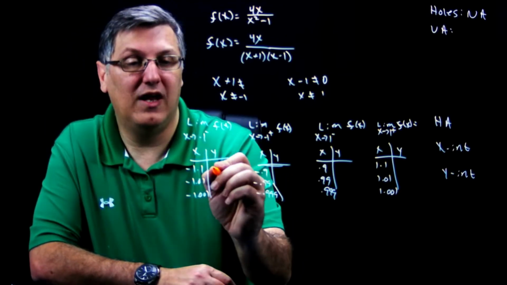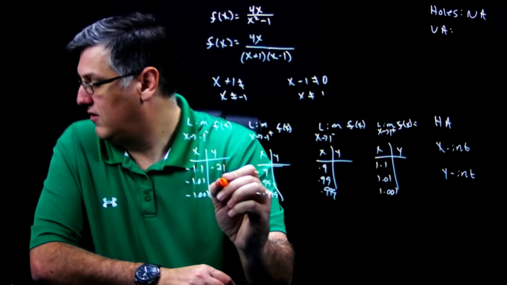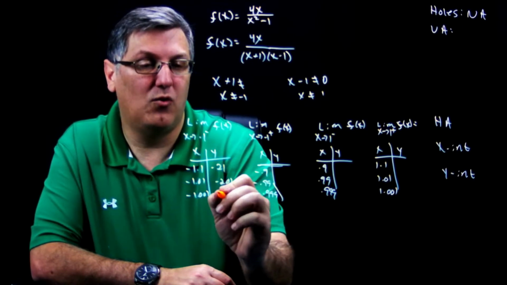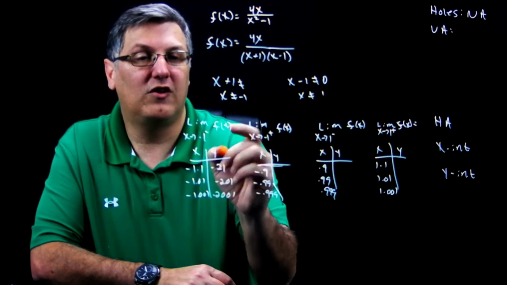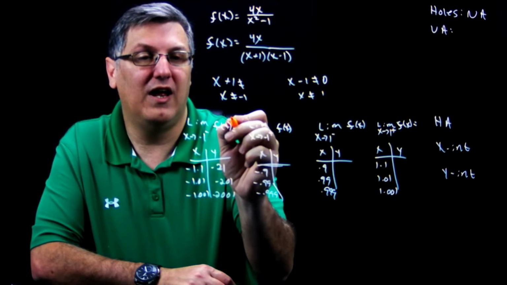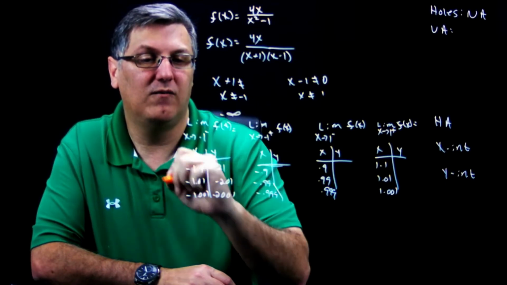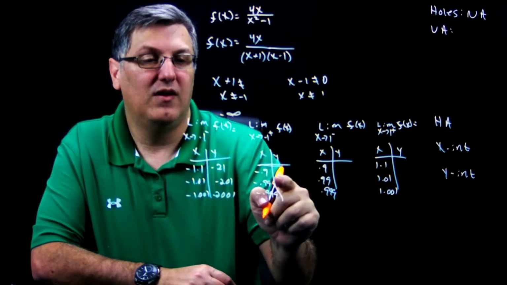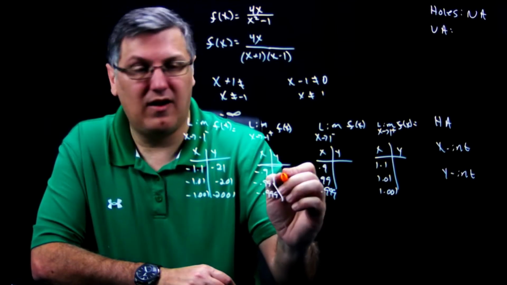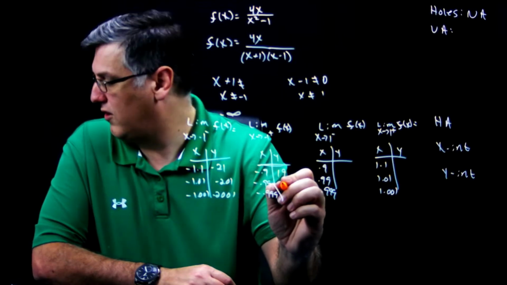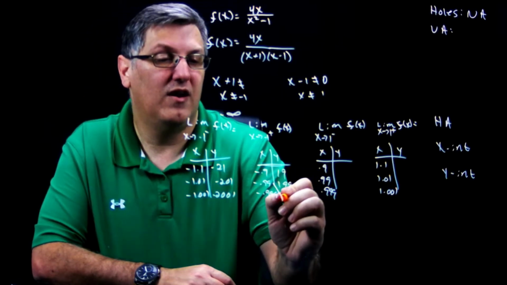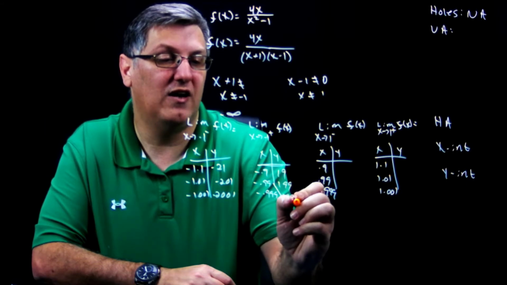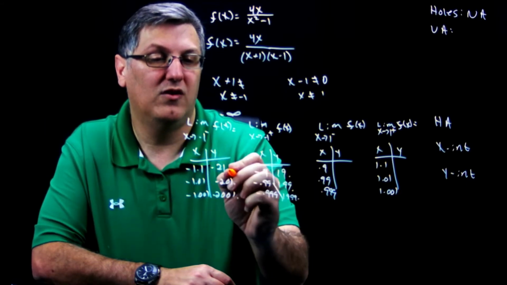This is going to be negative 21, negative 201, negative 2001. So this tells me this is going to go to negative infinity because it's going down forever. And at negative 0.9, I've got 19, 199, and 1,999. Now these are all rounded numbers.